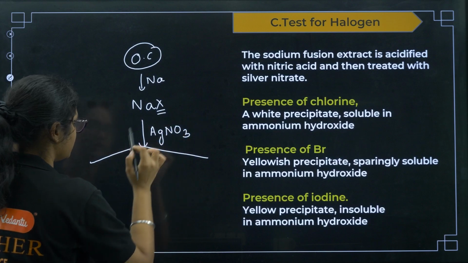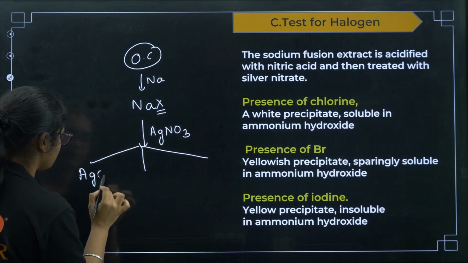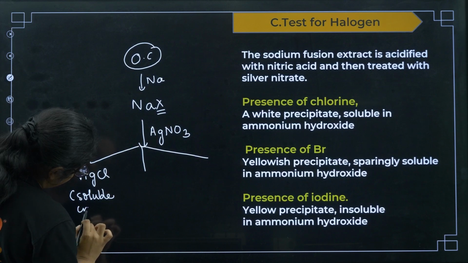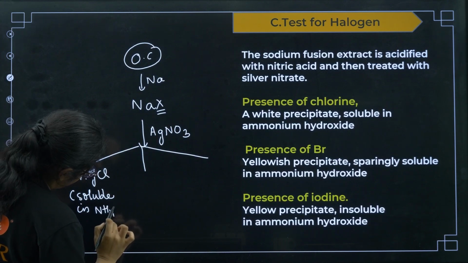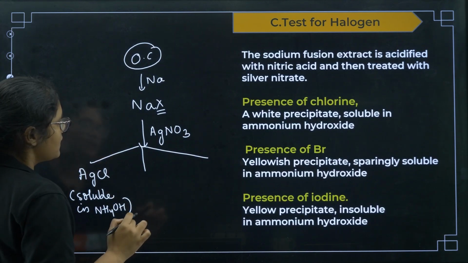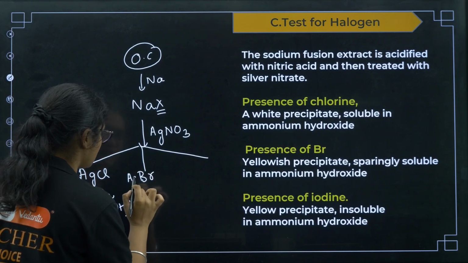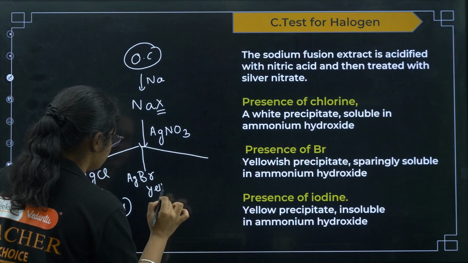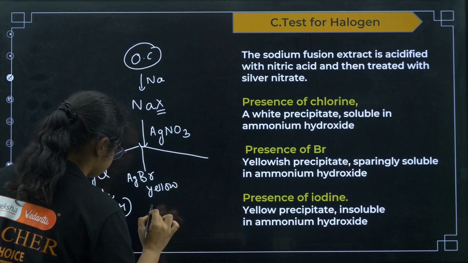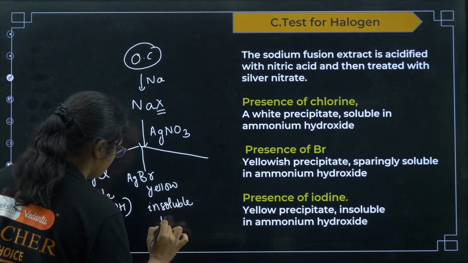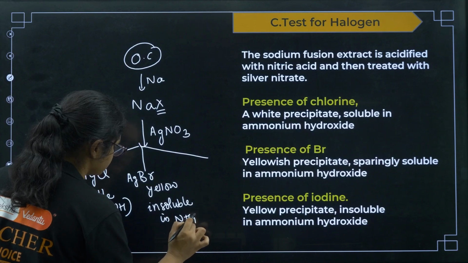If this X is chlorine, you will get AgCl, which is soluble in ammonium hydroxide. Now if this is Br, you will get AgBr, which is yellow in color, and this is insoluble in ammonium hydroxide, right?